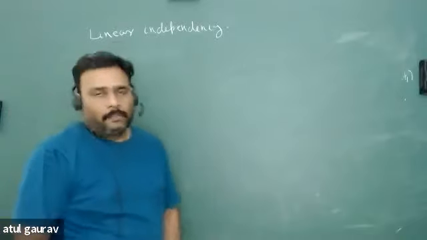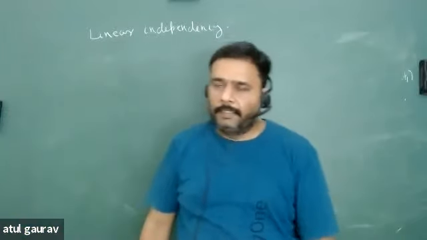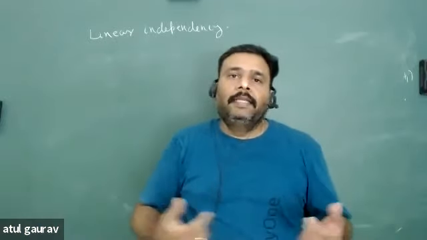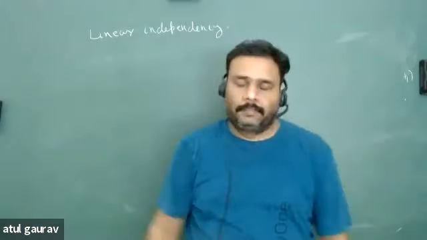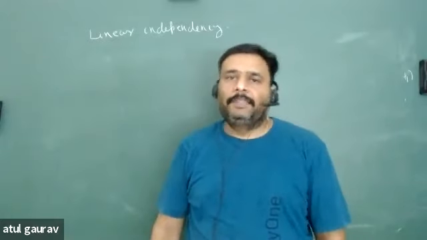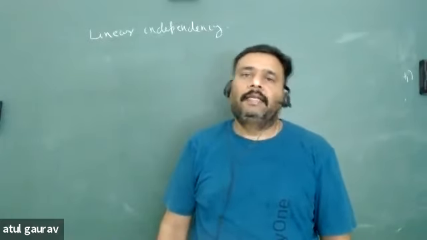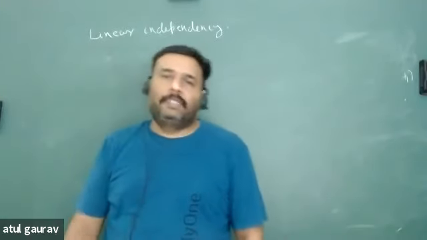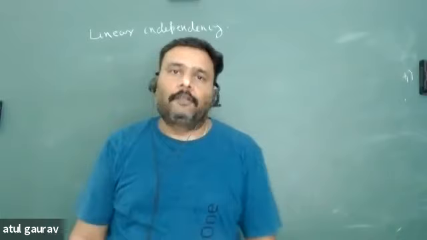Now, what is the meaning of linear independency? It means one vector cannot be represented as a linear combination of other vectors. So they are basically known as what? Linear independent vectors. So how will you check whether vectors are linearly independent or not?